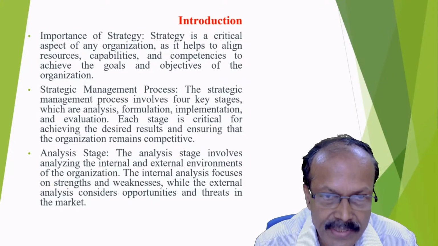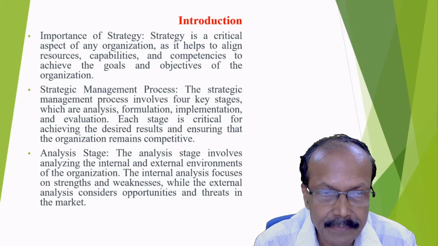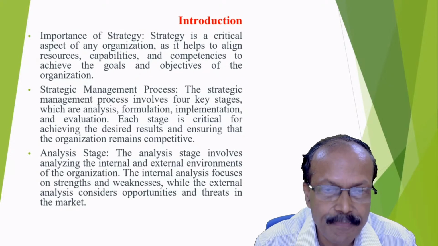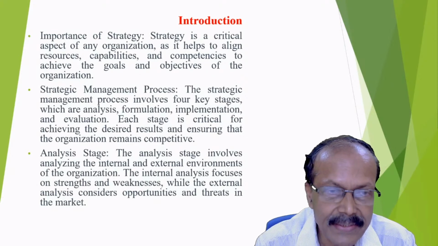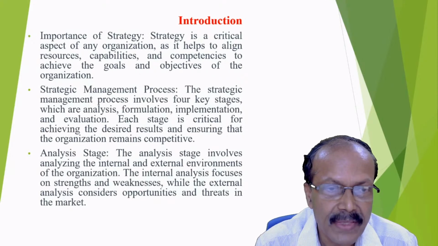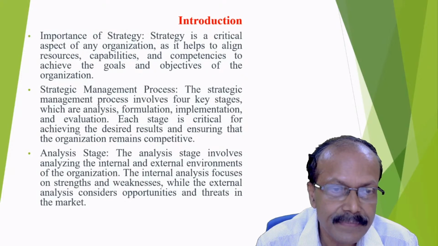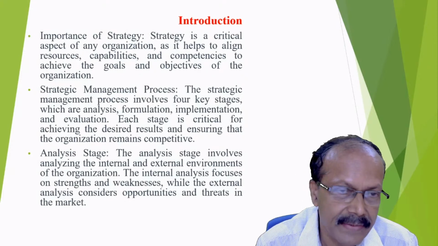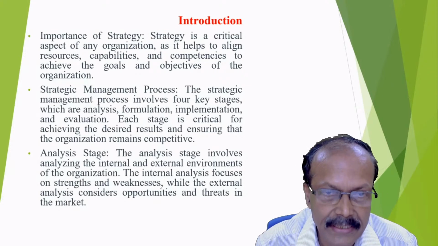The strategic management process involves 4 key stages. The first one is termed analysis, that is analyzing or scanning the external environment. Then the second stage is the formulation of strategy.